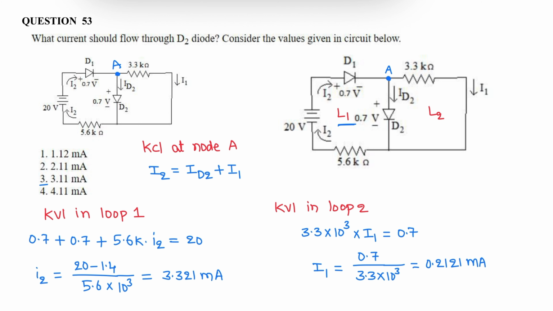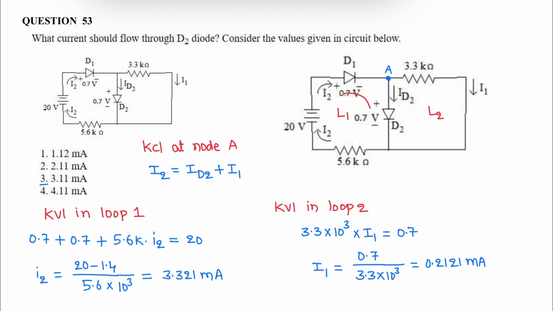First write KCL at node A. Sum of incoming currents is equal to sum of outgoing currents. So incoming current is I2, outgoing currents are I1 and ID2.